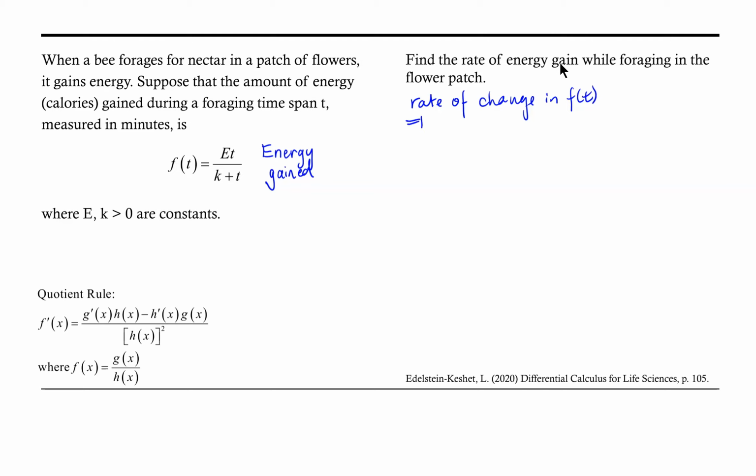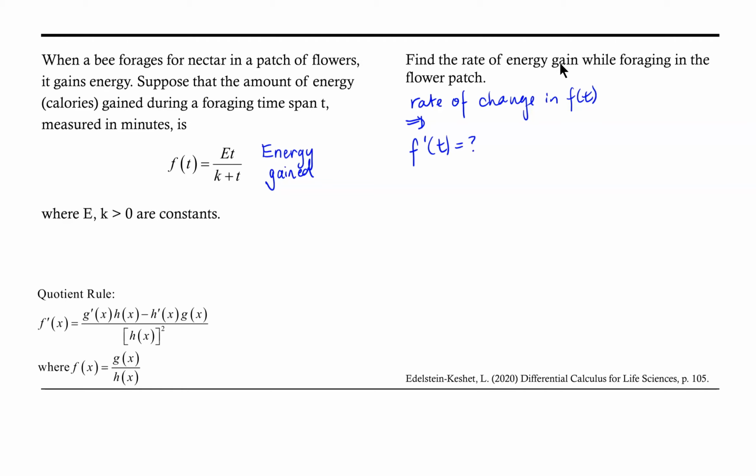And so that means what we're interested in is f prime of t, because the derivative represents the rate of change in a function. So let's go ahead and take a look at what the derivative of this particular function is.